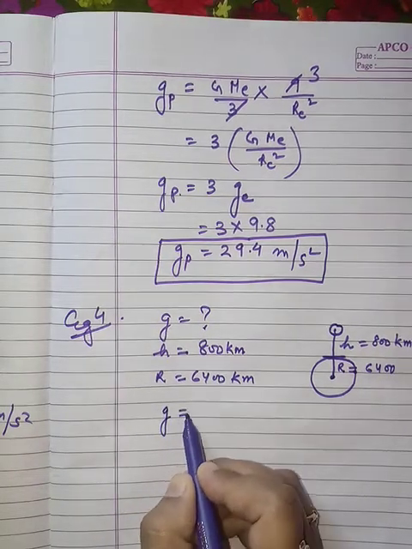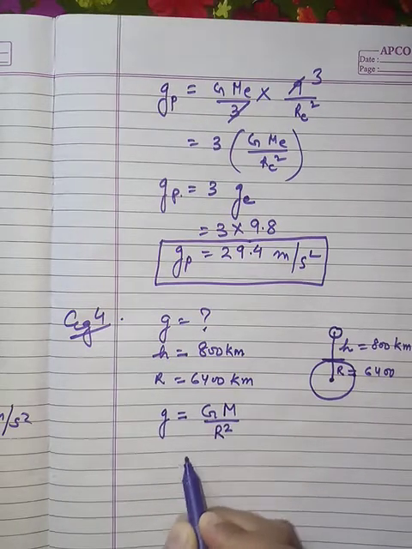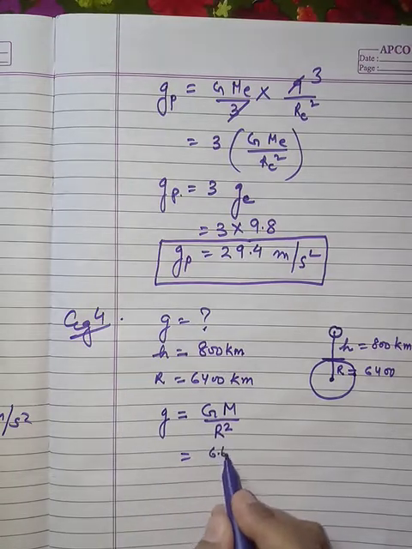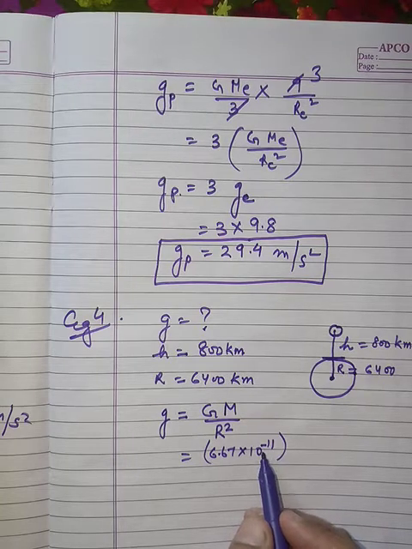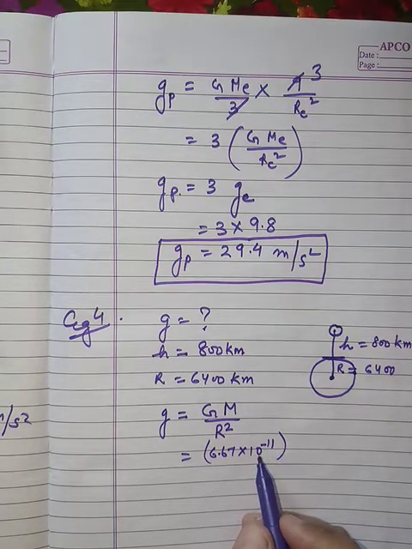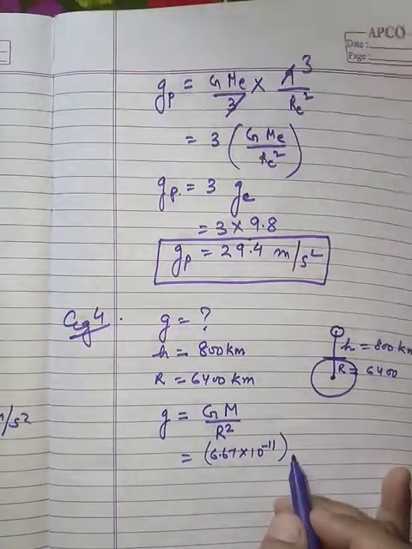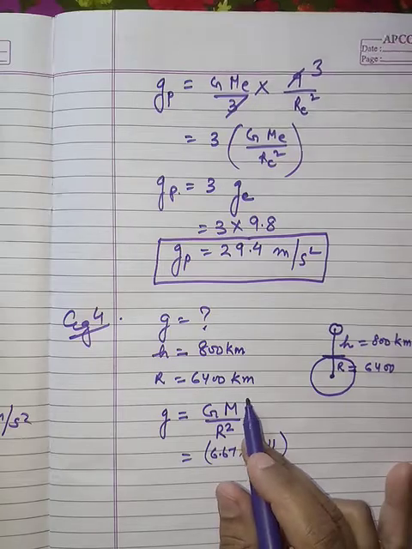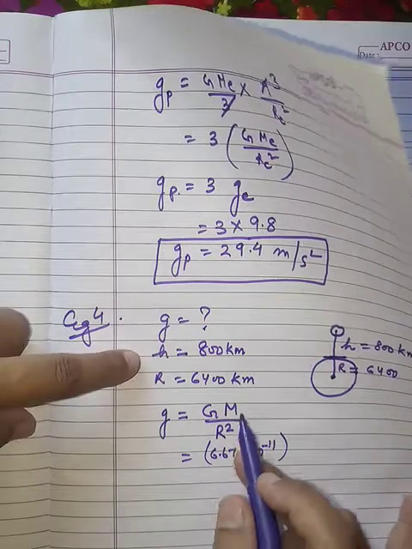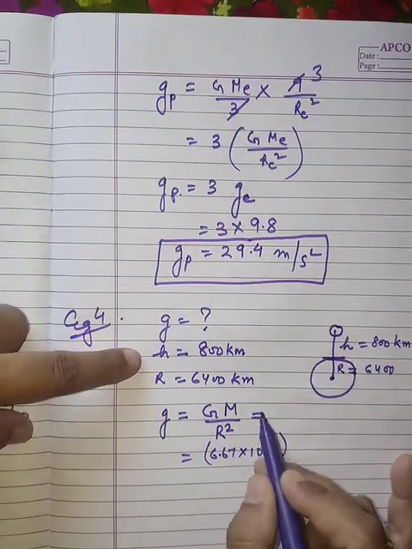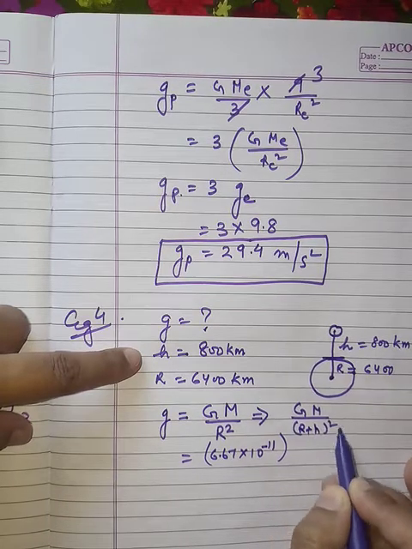Value of g to be found, which is capital G capital M divided by r square. Capital G we know 6.67 multiplied by 10 raised to power minus 11. Capital M is the mass of earth, and capital R is the radius of earth. Here the radius of earth alone is not to be used, plus h is also to be used. So this formula has become GM divided by (R plus h) whole square.